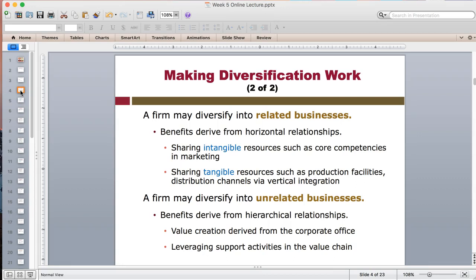And so the idea here is that you diversify by partnering up with or buying and acquiring or merging with companies like you, where you can share production facilities, distribution channels. You may have marketing overlap.